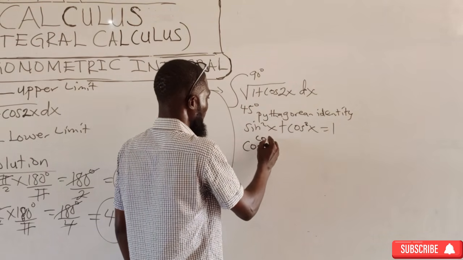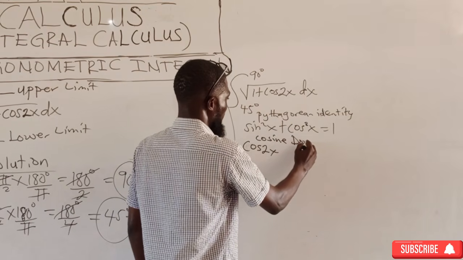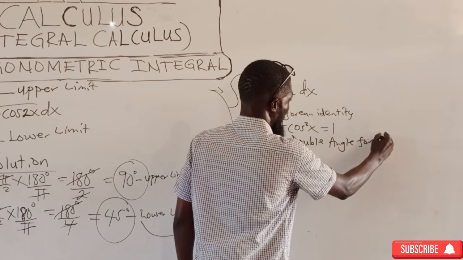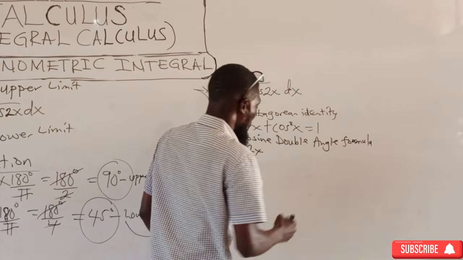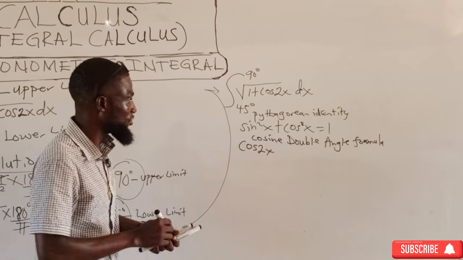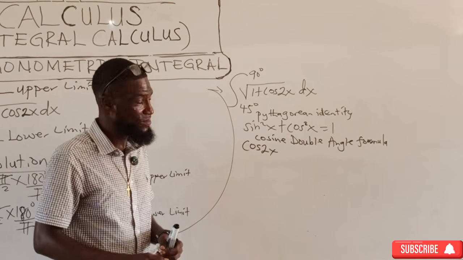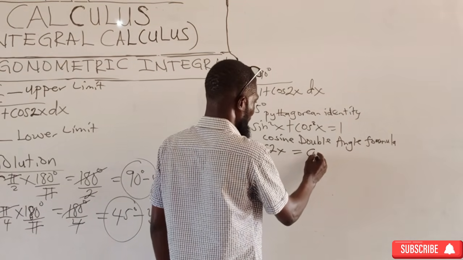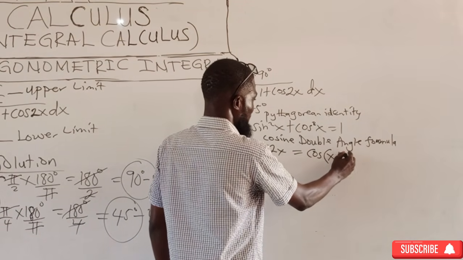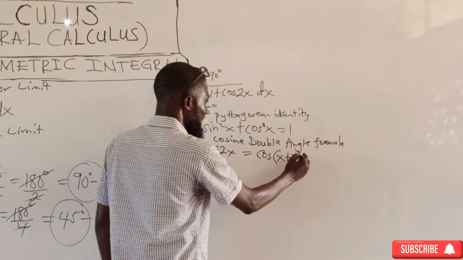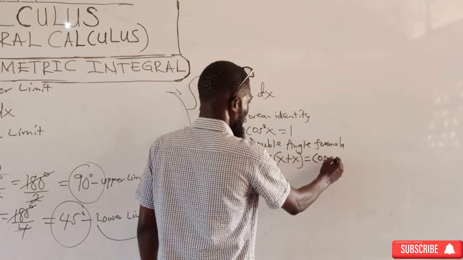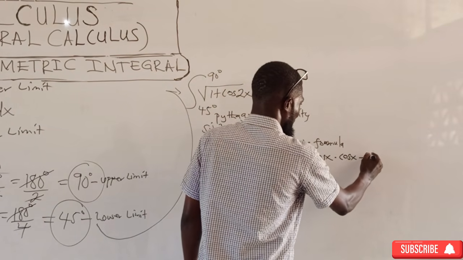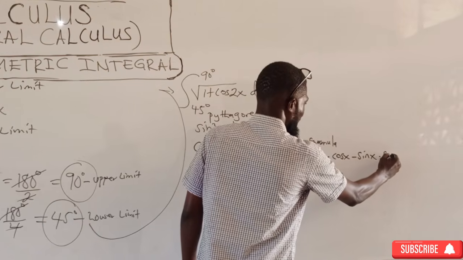We'll be using the cosine double angle formula, or the cosine angle addition formula, to solve this problem. So cos 2x will be equal to cos of x plus x. This will be equal to cos x multiplied by cos x minus sin x times sin x.